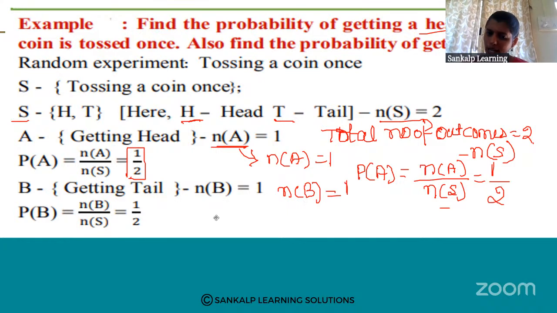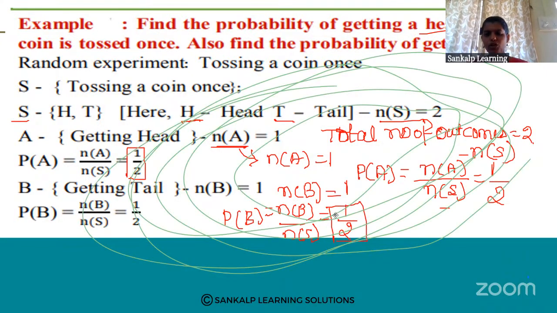So the probability of getting tail, P of B, is equal to n of B divided by n of S. N of B is the favorable outcome, n of S is the total number of outcomes. The favorable outcome is 1, the total number of outcomes is 2. Here also you get 1 upon 2.